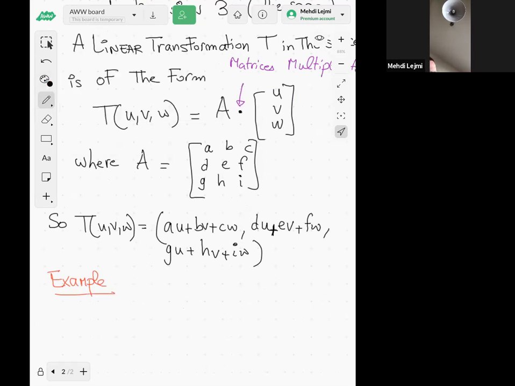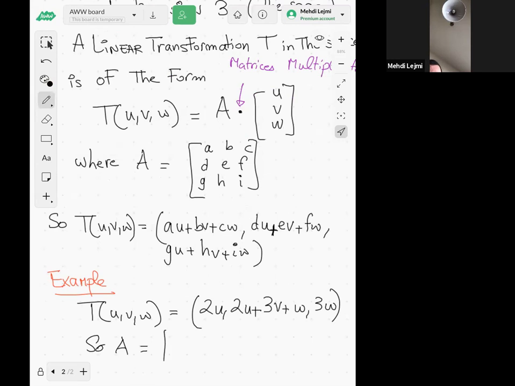So T of (U, V, W) is equal to 2 times U plus, let's say, 3V plus 3W. Okay, so you need to find A, B, C, right? That will be your first row.